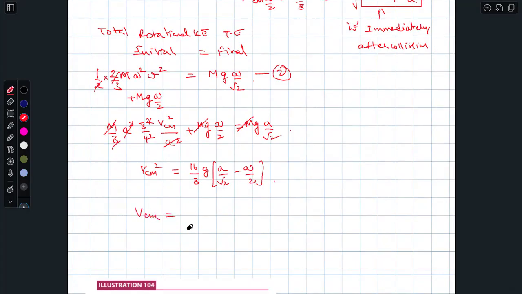So VCM is under root of 16 by 3 G times A by root 2 minus A by 2. By solving which you will get 1.1 h.